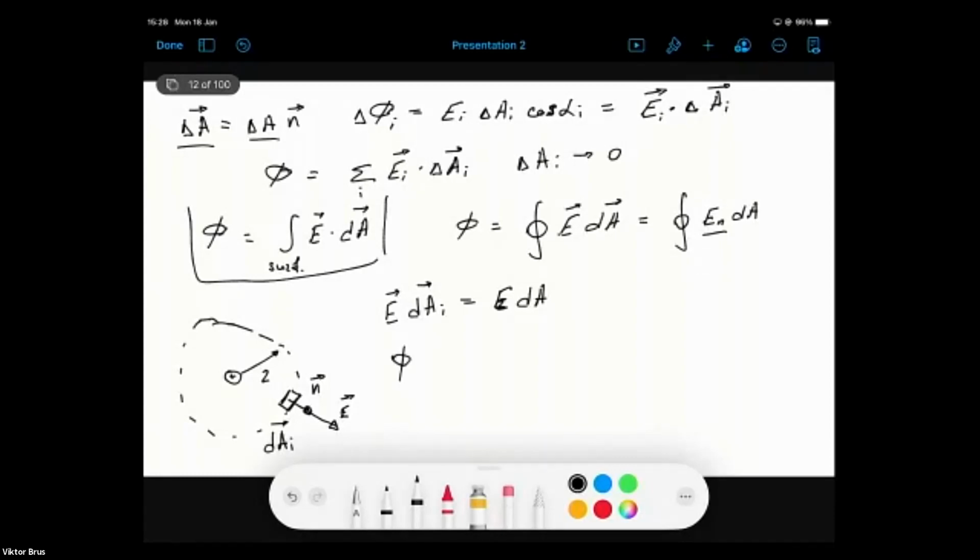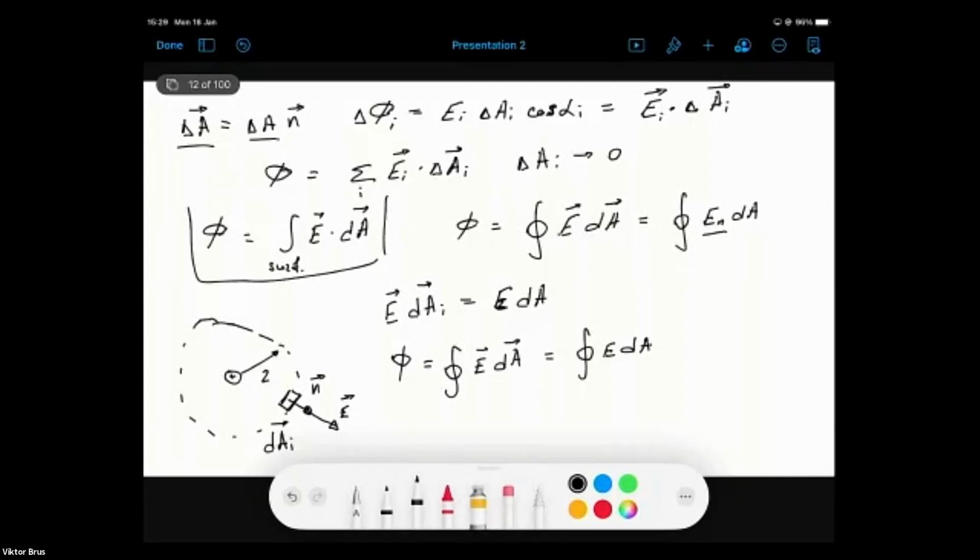In this case, the total electric field flux will be the integral over the closed surface of this sphere of the electric field vector times the dA vector. This is equal to just the product of absolute values, because they are parallel at every point. What is important, they are parallel at every point of this sphere.